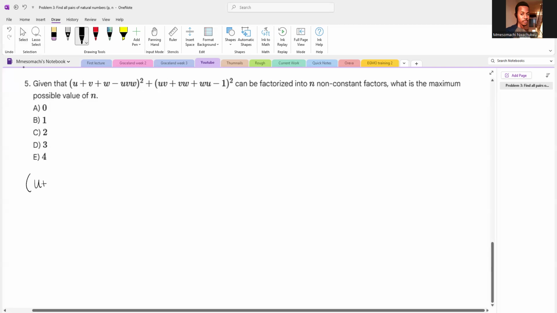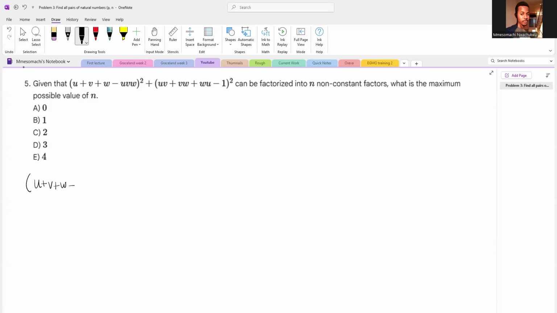Something that we can always do when we have factorization questions is play around with the variables to get a hint of the structure of the algebraic expression, especially when the expression is complex.